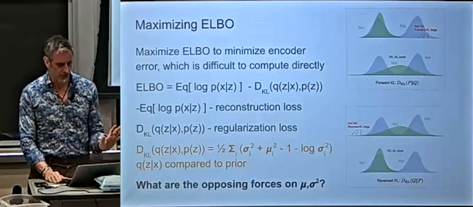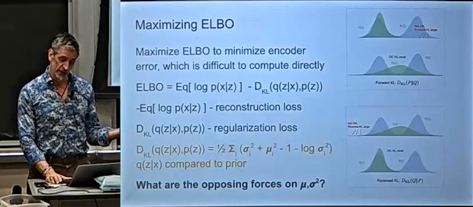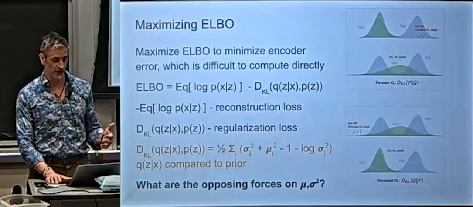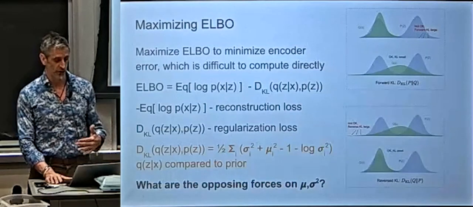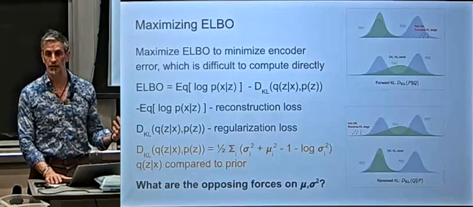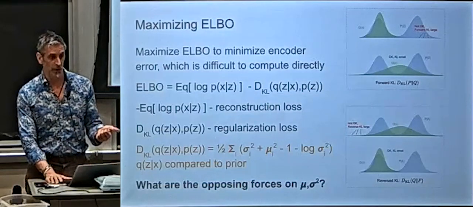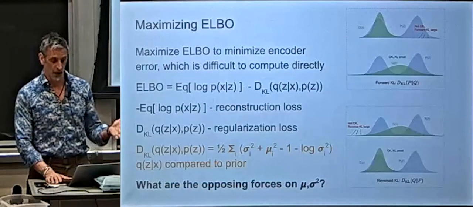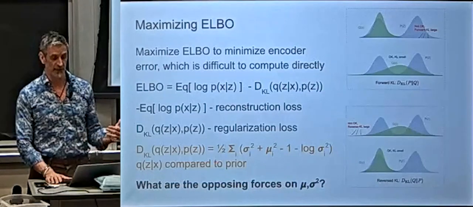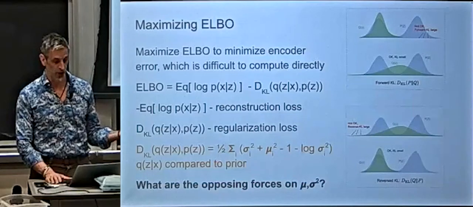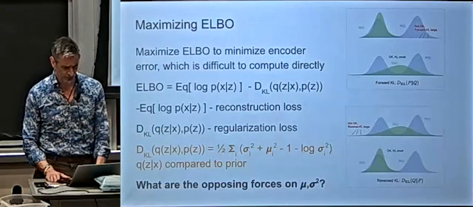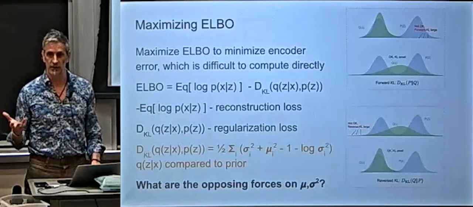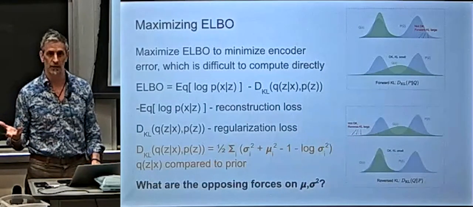And just for reference, since we know what that prior is, it's a Gaussian around the origin, standard deviation of 1, then we can pre-compute that a priori. So whatever sigma and mu we end up predicting with our encoder, we can just use this formula, and that's going to be our KL divergence from our prior. So that's fast computation. Okay, so what are the different opposing forces on mu and sigma here?